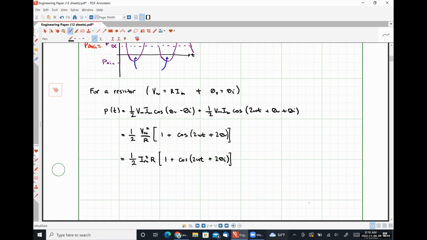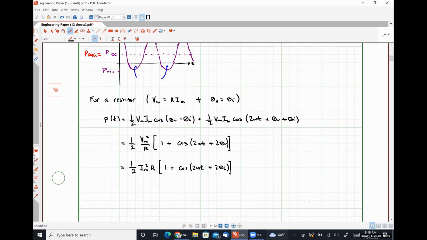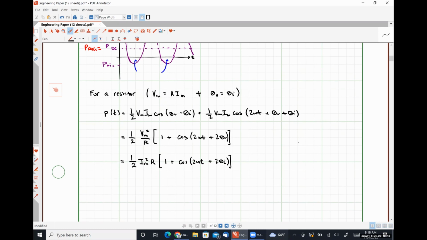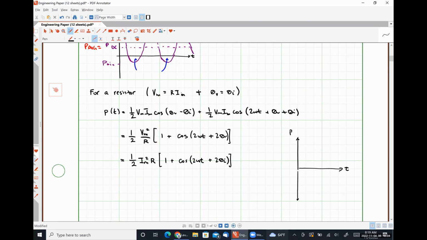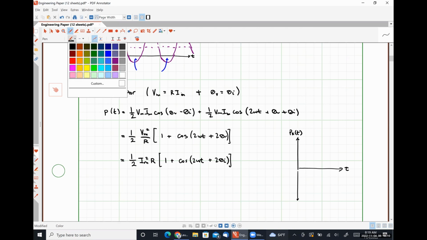So over here on the right-hand side, I'm going to make a plot to depict what we should see for just resistors. So here's t, here is pR of t, the instantaneous power absorbed by a resistor.